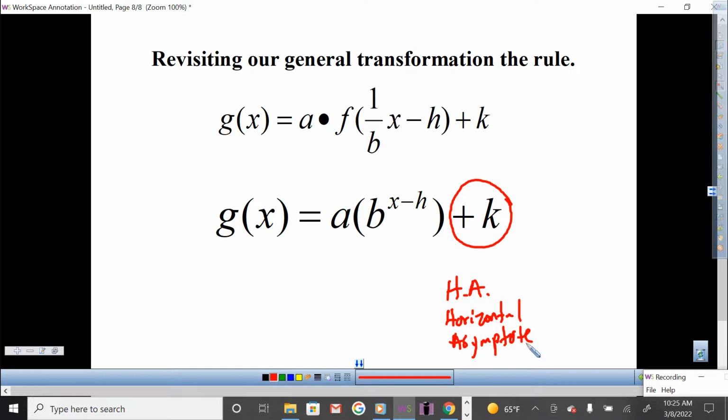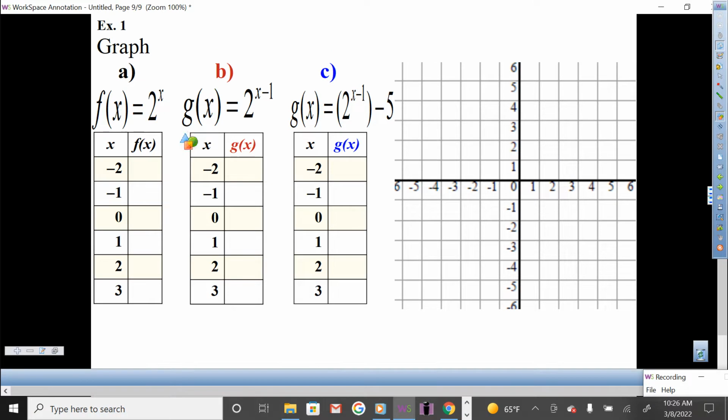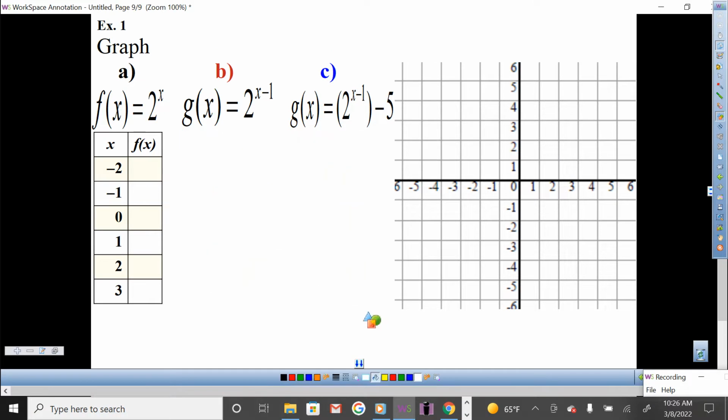So with that said, example 1, copy this. Write graph. And for this one, for the sake of time, don't make these tables, just the first one, and copy B, copy C. And B we're going to do in green, not red.